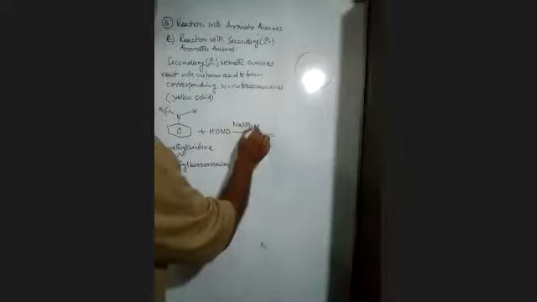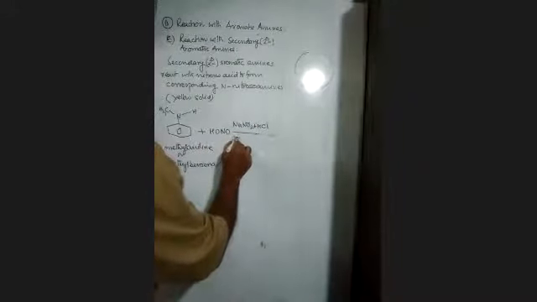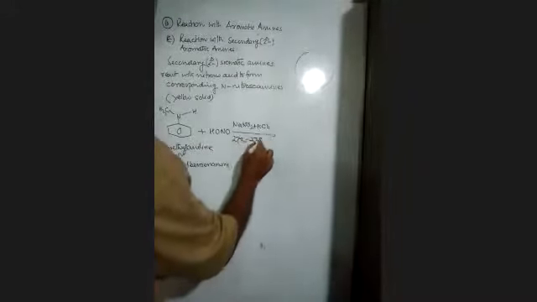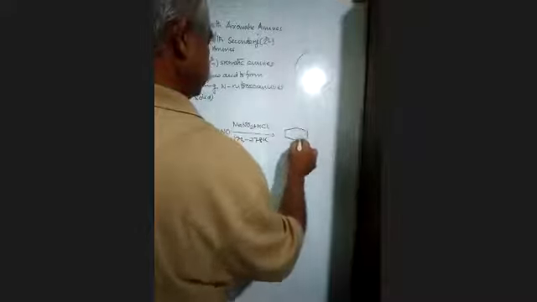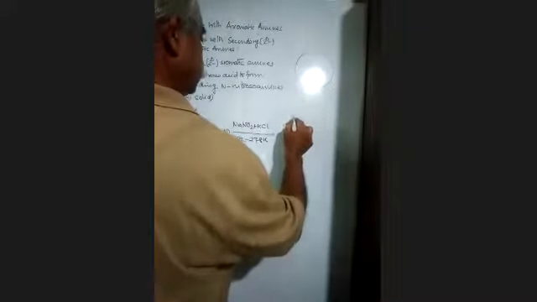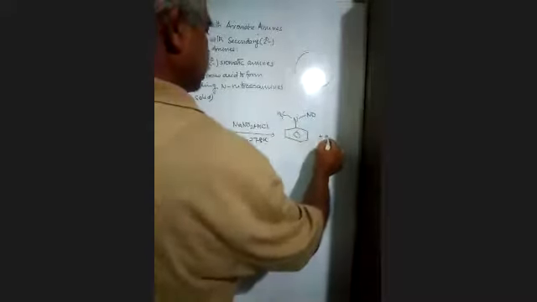So right now here, this reacts with NaNO2 plus HCl, at 273 to 278 Kelvin. So now what you'll get here? You'll get this plus H2O.